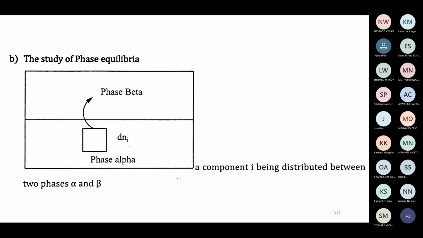If you have two phases, that is phase beta and phase alpha, and there is a component i that is being distributed between the two phases, alpha and beta, then you're going to have a change in the composition of that component i from one phase to another. So you can have dNi.